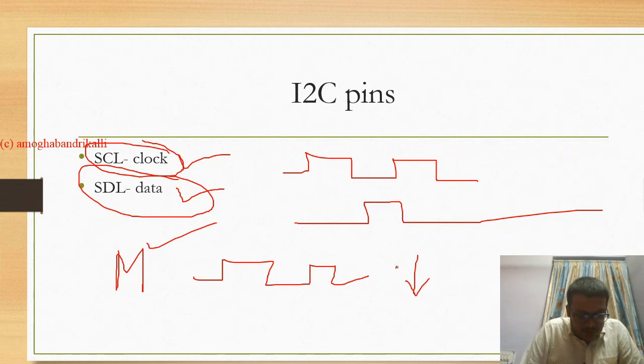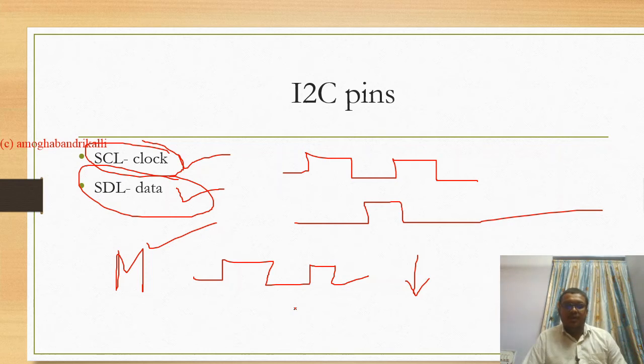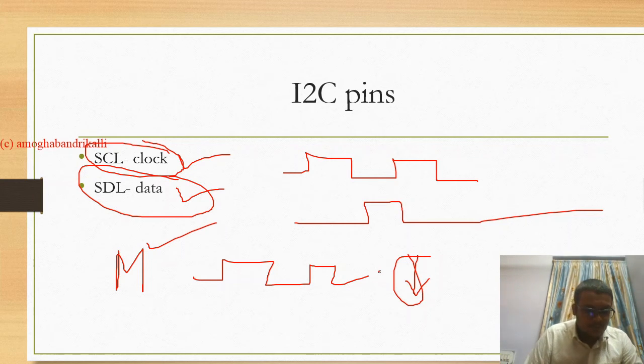This time is called clock stretching time. The slave needs more time to decode the information sent from the master, so it makes the clock signal low.